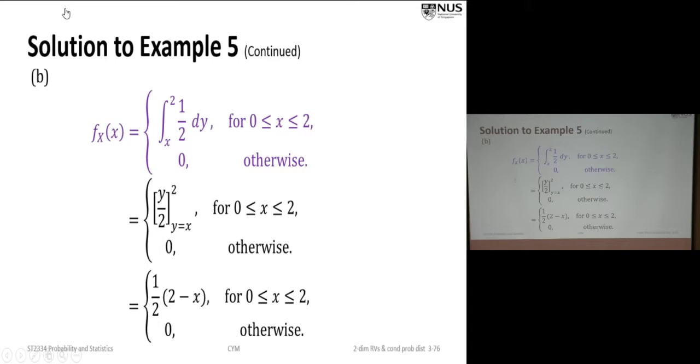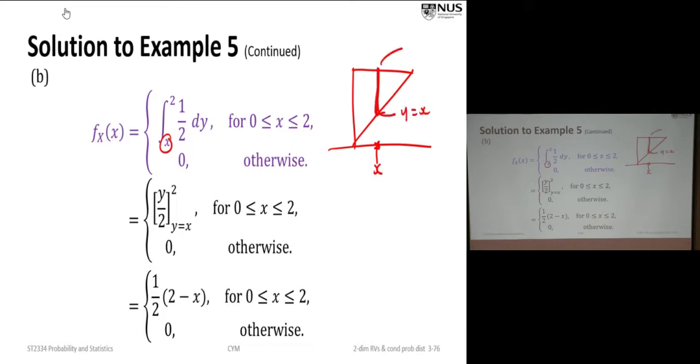Okay, then for the marginal, now it's quite straightforward. For the marginal, I have to integrate y, so it's the same thing. So I fix the x, then y has to be from this point, y equal to x, and this point, y equal to 2. All right? Fixed x, I have to integrate. You can think of it as all the density falling on this point.